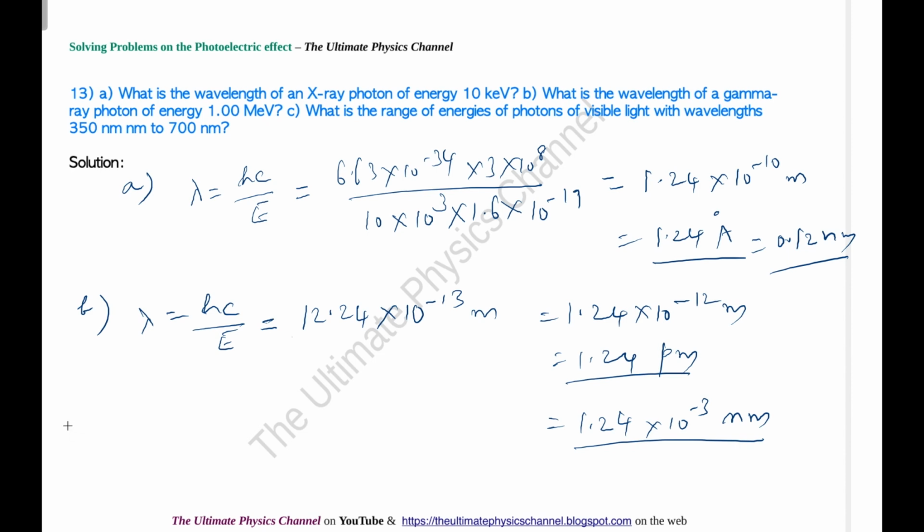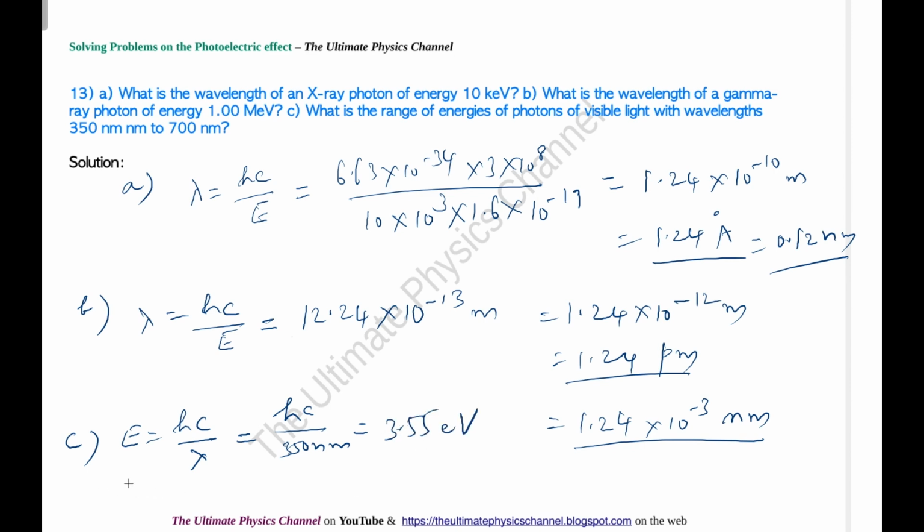Right. The next part, C. What is the range for the visible spectrum having wavelengths from about 350 to 700 nanometers? So if you substitute lambda for 350 nanometers, you get about 3.55 eV.